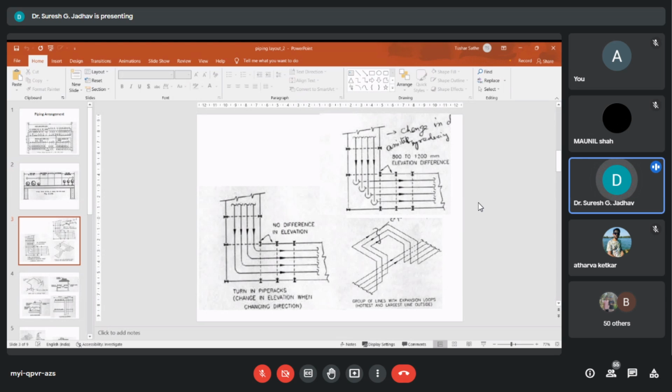Change in direction, change in elevation, and combined change in direction and elevation are effected by 90 degrees. So here we have placed the 90-degree elbows to consider the change in direction, change in elevation, and combined change in direction and elevation.